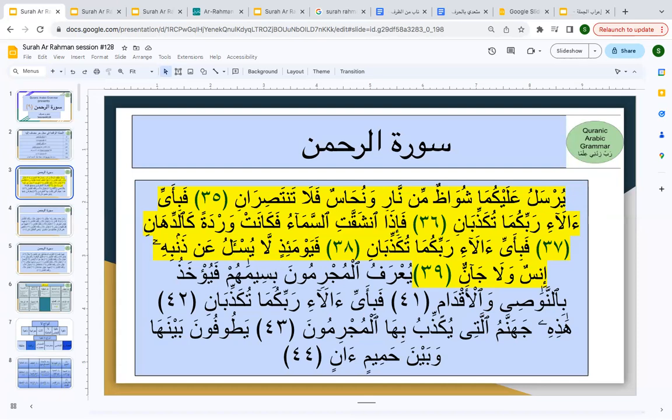If I ask you, make a question, the criminals will be recognized by their signs, by their marks. How will you put this sentence into a question? Yes, how will they be recognized? How will the criminals be recognized, right? How? What is answering your how?